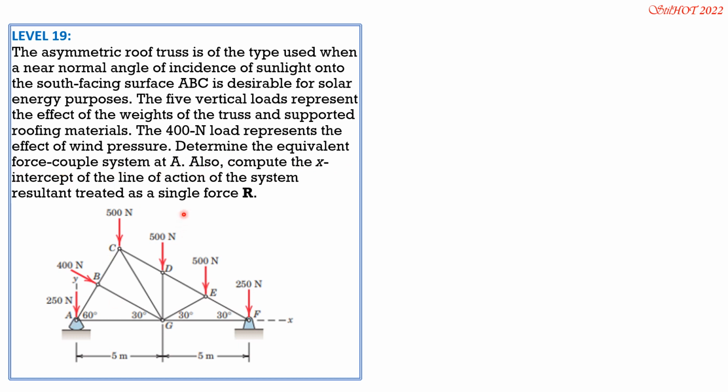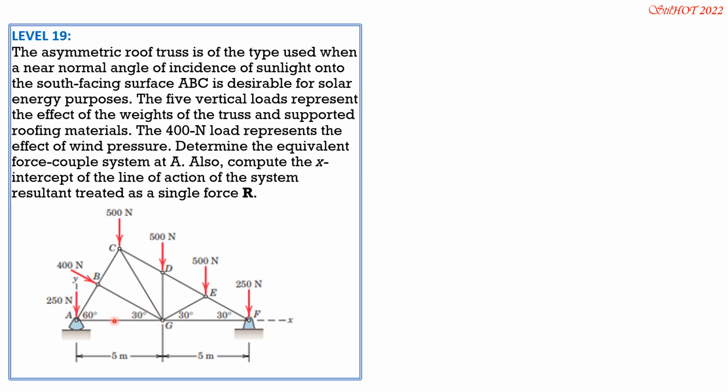This is point A. Also compute the x-intercept of the line of action of the system resultant treated as a single force. So observe that these 5 forces are symmetrically applied. Meaning to say, this is the center, 500 to the left, 500 to the right at the same distance from the center, 250 newtons 5 meters from the left, and another 250 5 meters from the right.